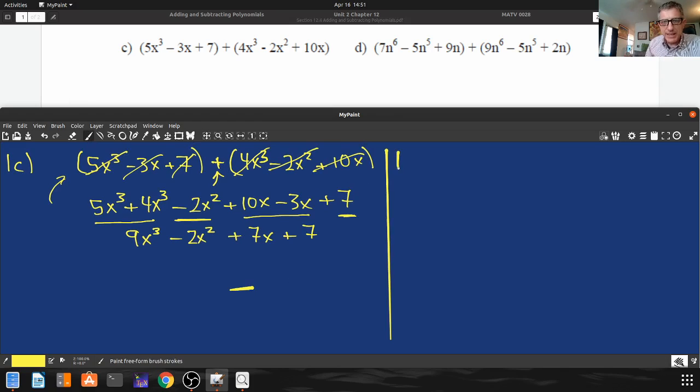This is 1D. So 7n to the 6th minus 5n to the 5th plus 9n plus 9n to the 6th minus 5n to the 5th plus 2n.